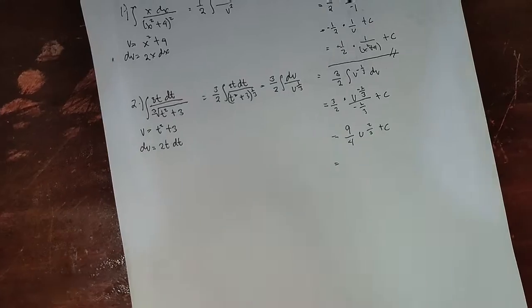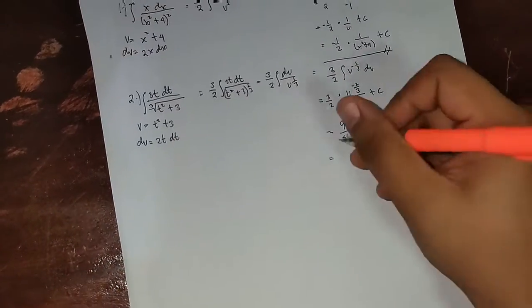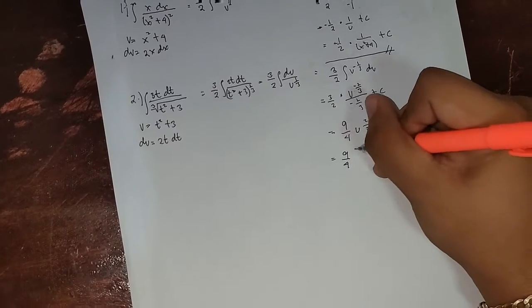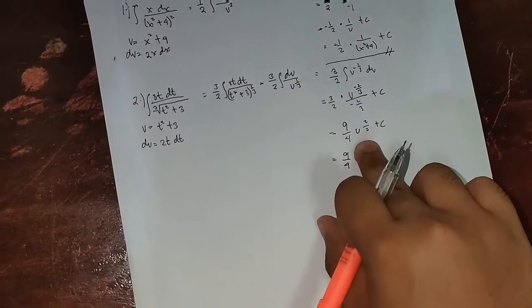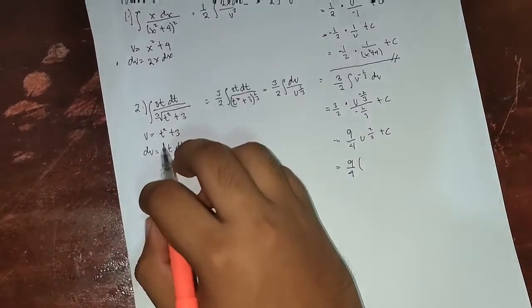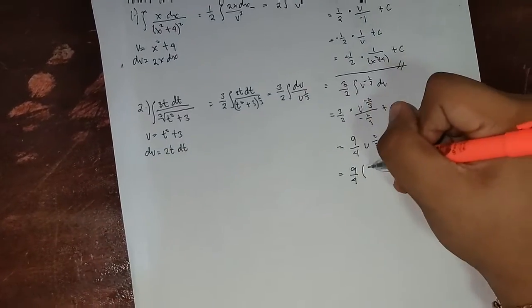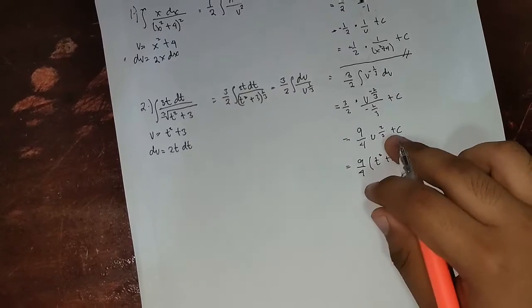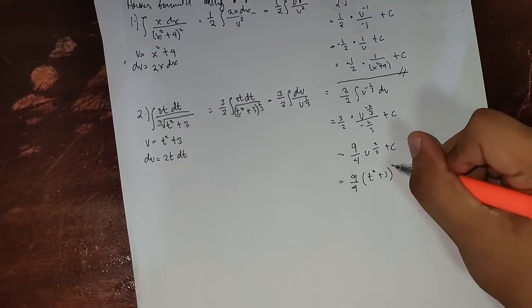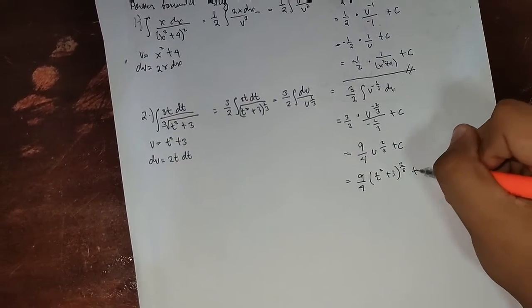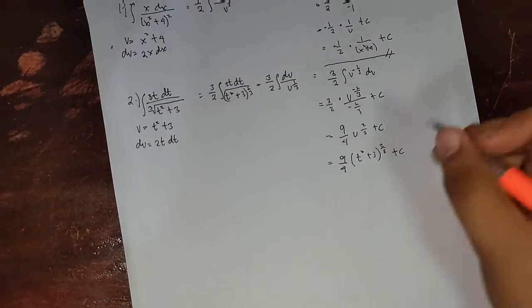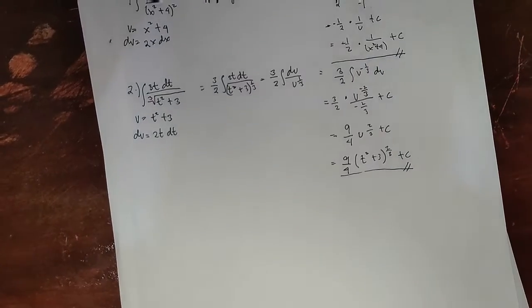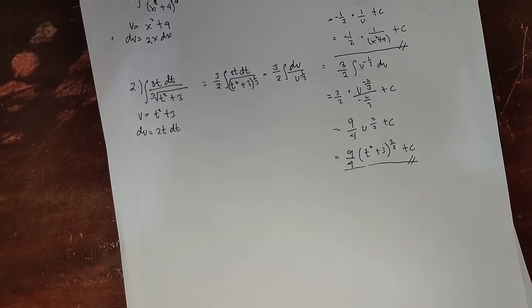Now we put our u here, so it becomes 9 over 4 times t squared plus 3 raised to 2/3, plus c, and that is our final answer for example number 2.